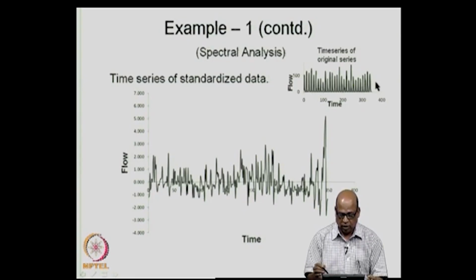The original time series had some periodicities and so on. So, you see some regularity in the original time series, whereas by standardizing you are seeing a much more random series here. But whether it is truly random or whether there are still inherent periodicities can be seen only if you plot the correlogram of this series and do the spectral analysis on it. Let us do that now.